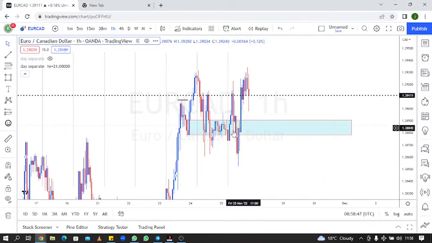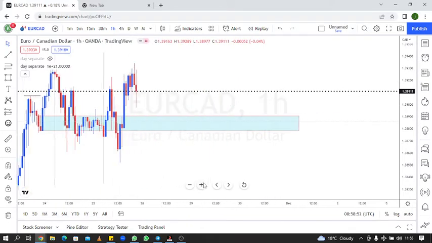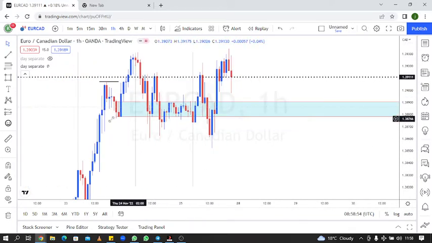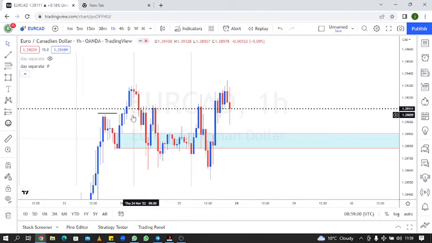The market reacted from here and pushed upward, but first it cleared liquidity below because of the equal lows, then started reacting to the upside. So this is a break of structure. After this break, we mark this candle because it's the candle which pushed this structure to be broken. It came back down, then pushed the market upwards.